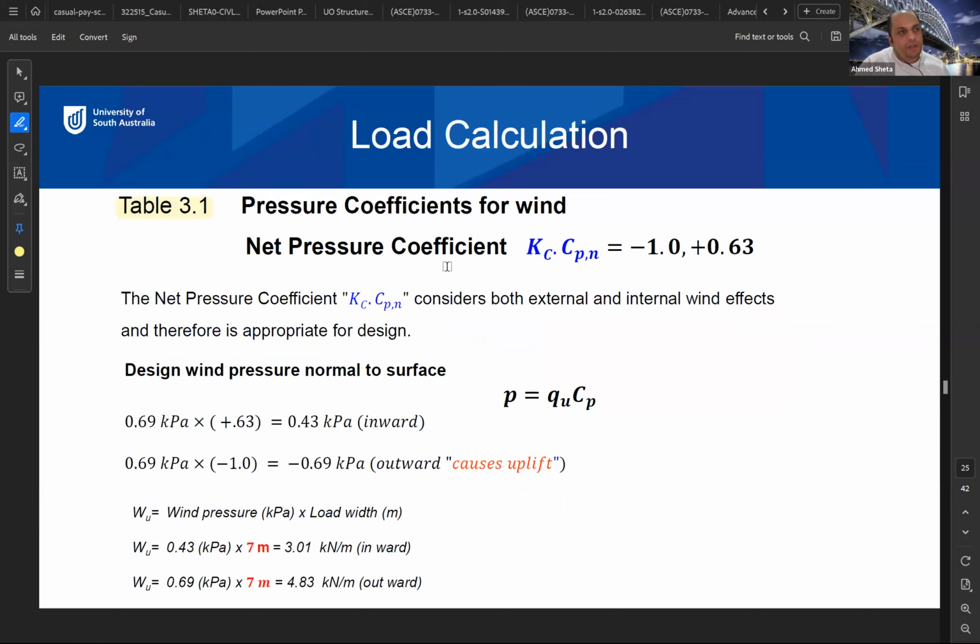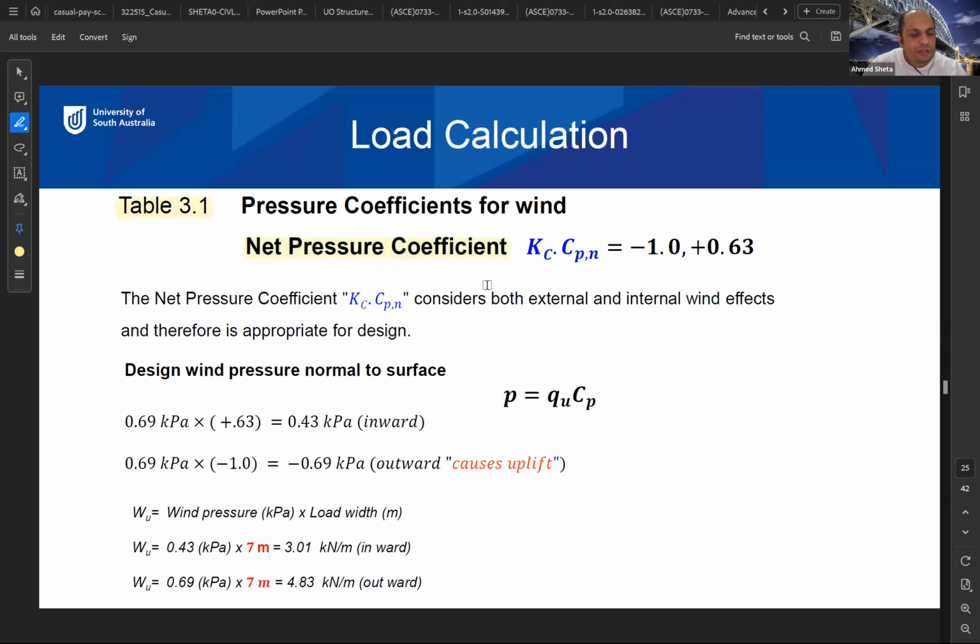As you know, if you have a surface like a wall or roof, you have wind pressure into the roof, and also suction out of the roof. So you have to calculate for both of them. For example, if we go to the table, you need to consider only the net pressure coefficient, because we have internal wind pressure, external wind pressure, and the net.